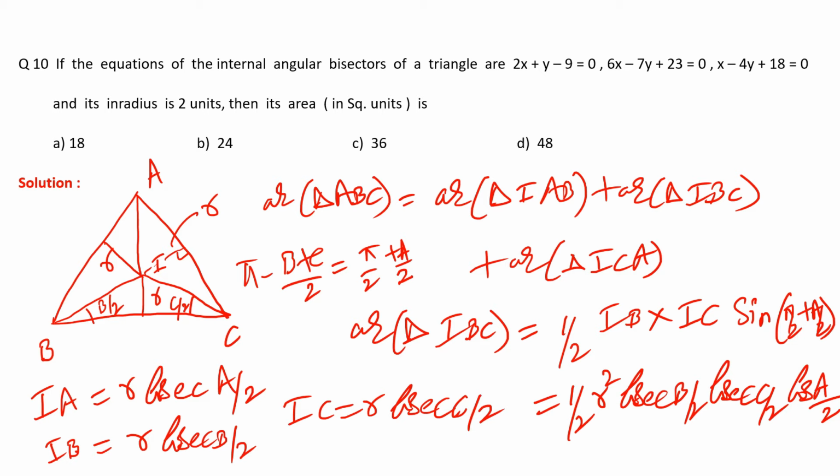Now students, in the same way, we have to find the values for the area of triangle IAB as well as ICA, and then we'll be adding all of them.